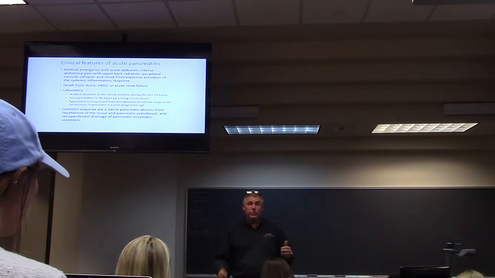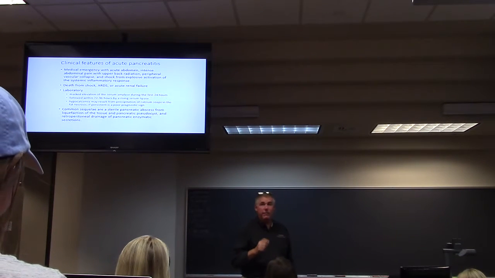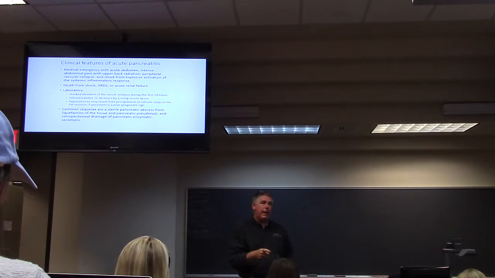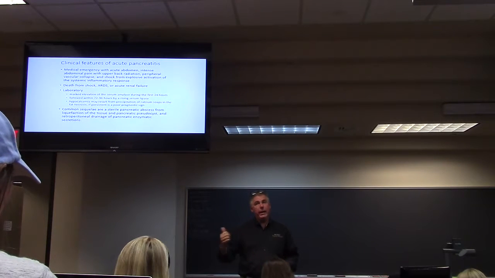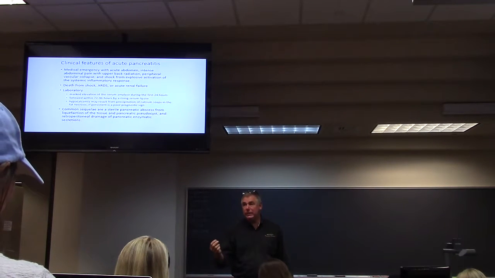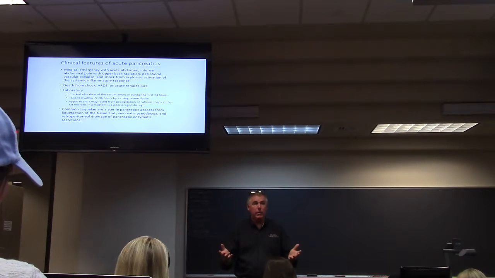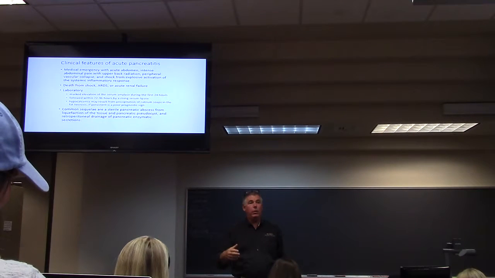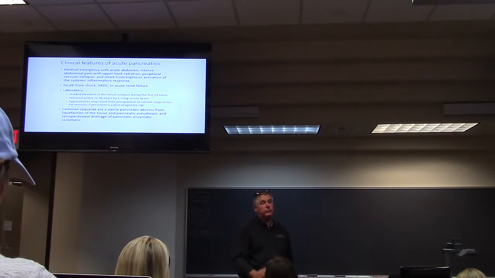And the higher it is, probably the more severe it is. Because understand that amylase is an intracellular enzyme. In order to get it in the serum, you've got to have the cell die and lyse to release that enzyme. So the higher the serum value goes, the more cell death you're looking at.